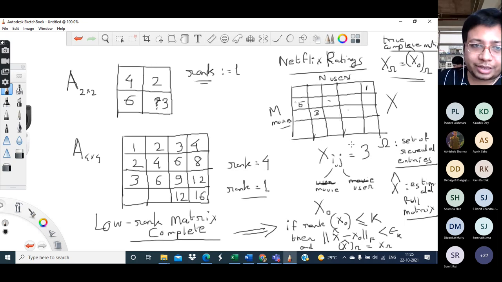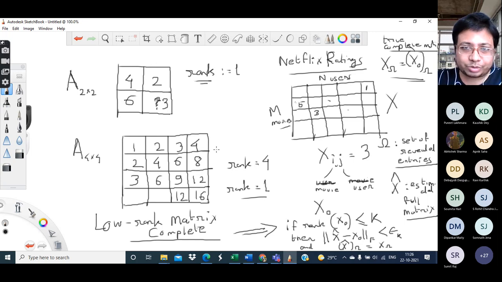Suppose two users have similar tastes, then it is likely that they would have given similar ratings to any set of movies. On the other hand, consider two movies which are quite similar to each other. In that case, it's possible that all the users will give approximately similar ratings to that movie, right? Of course, I am not guaranteeing that it will be perfect.